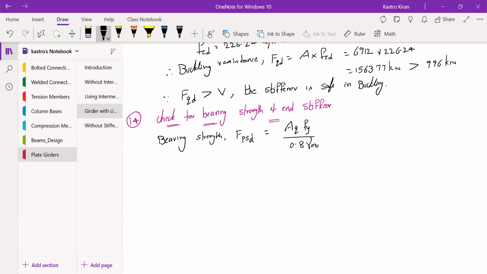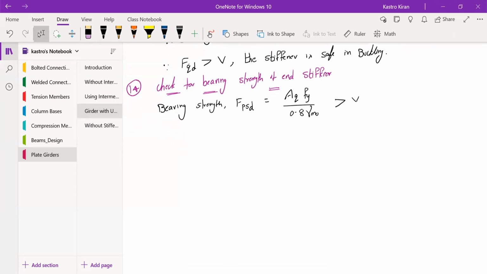This formula is not available in your code book, so you have to remember it. And remember, this FPSD value must be greater than the reaction force, that is capital V, which is the shear force. So let's find out whether it is greater or lesser.